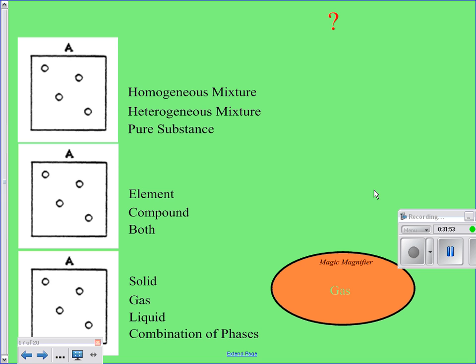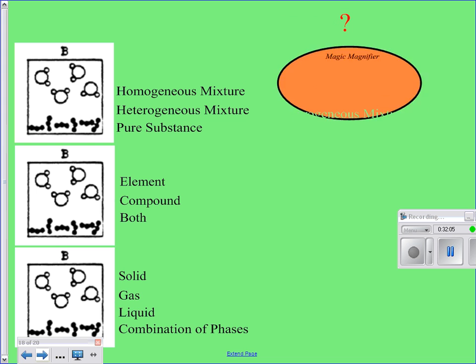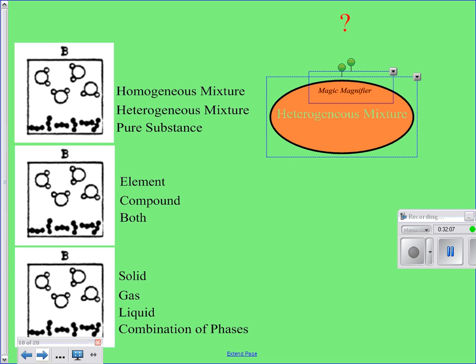Okay, next one. Here we have, what do you want to say? Heterogeneous, good, because you're looking at that, you know it's a mixture. You see 2 different things. You see something down on the bottom of the beaker, and some other stuff floating near the top. So that's heterogeneous. And do you want to call it element, compound, or both?